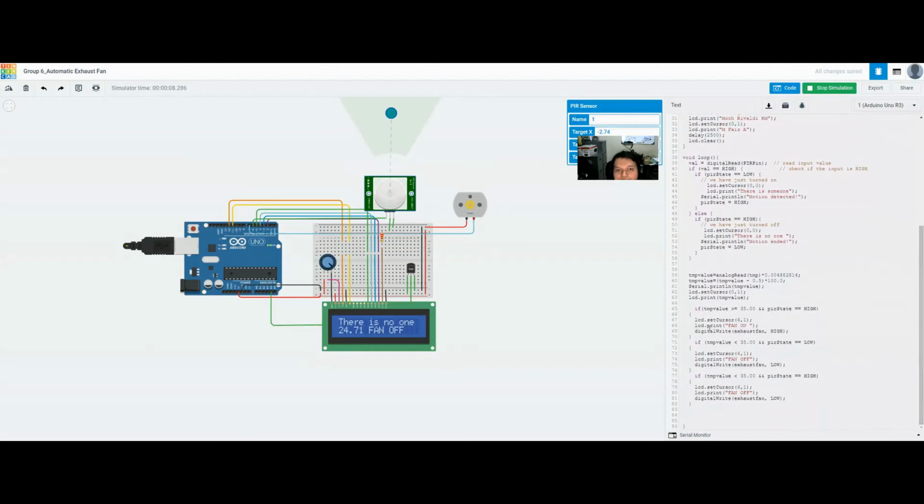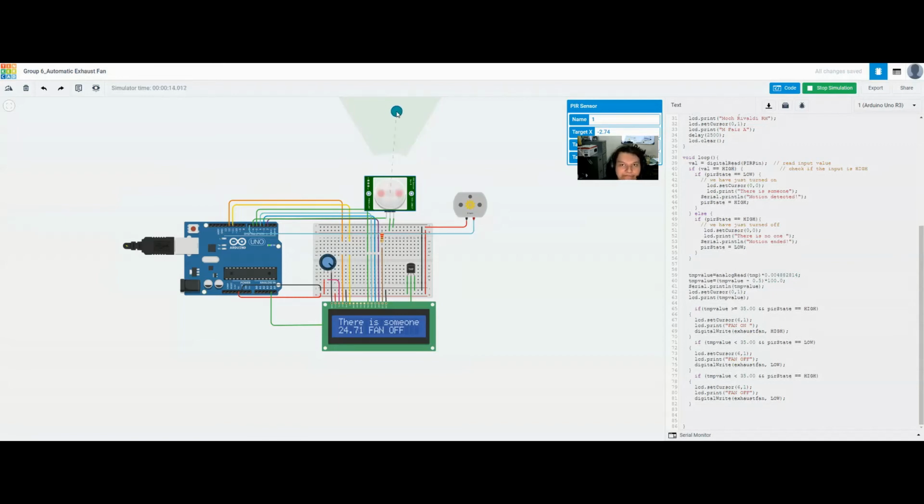Next, the first condition. If the TMP value is equal to or greater than 35 and the PIR state is high, it means that the temperature did reach the threshold of the sensor, which is 35 degrees Celsius in this case, and the PIR state is high because there is someone in the bathroom or a movement detected by the PIR sensor.